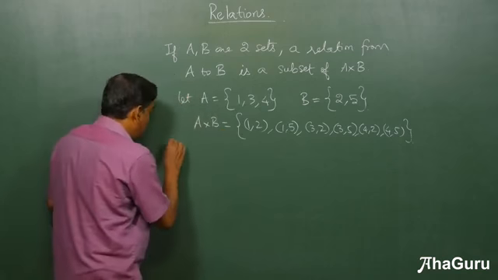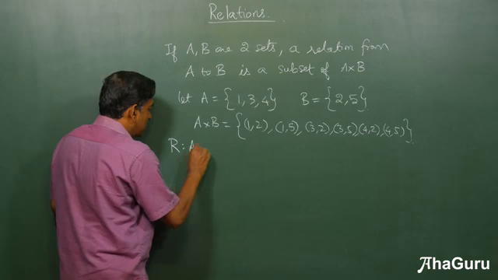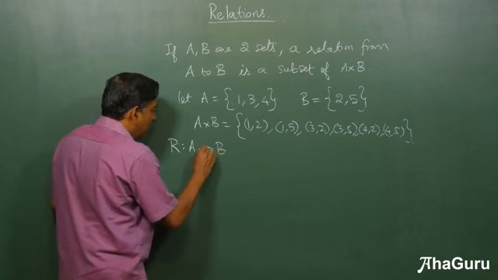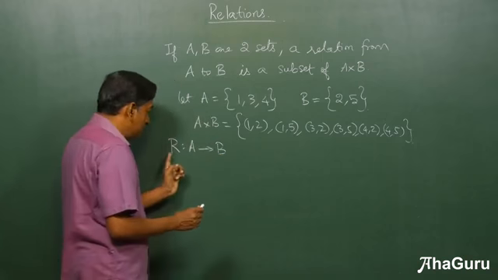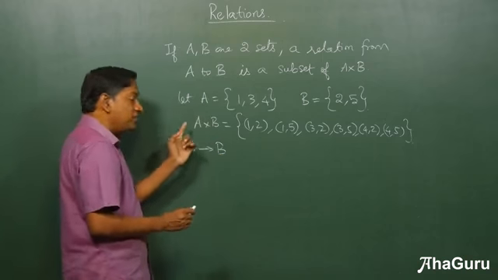So suppose I say R, a relation from A to B. A arrow B means from A to B. So this R itself is a set.